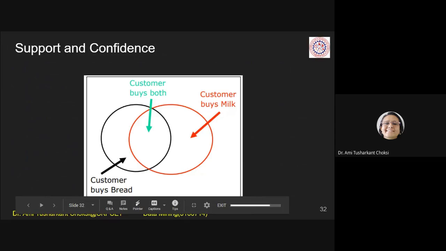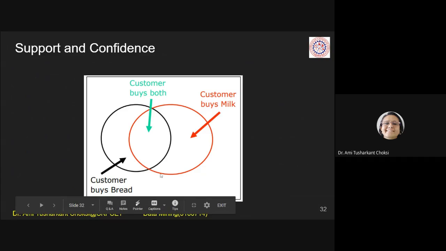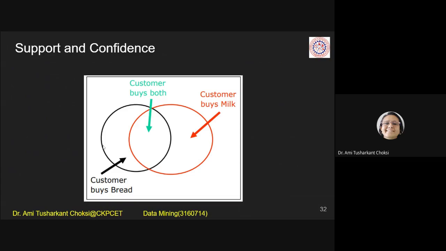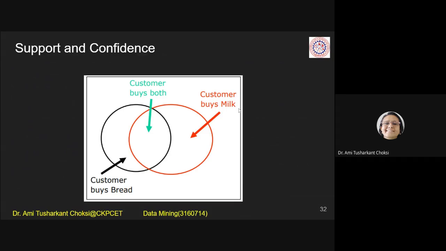Now what do we say about the support and confidence? Customer buys both. This black circle says that the customer buys bread. The orange circle is for the customer buys milk.